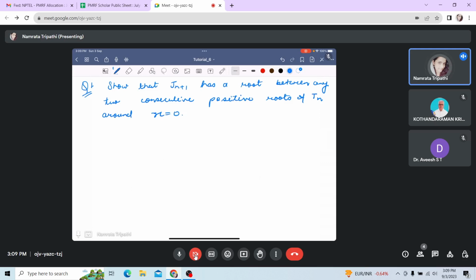So the question says we have to show Jn plus 1 has a root between any two consecutive positive roots of Jn around x equals 0.